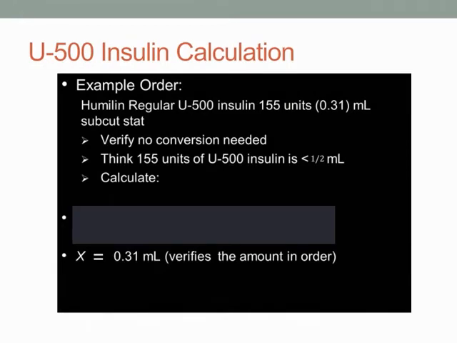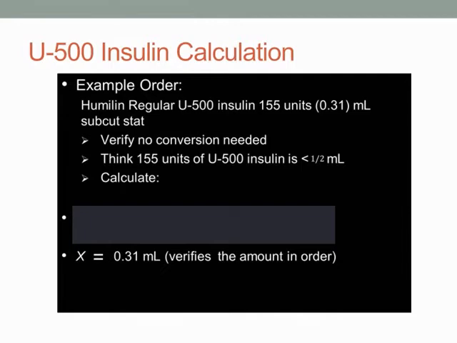So here's our exception to the rule when we go to calculate insulin. Normally you do not have to do any calculations with insulin. You just give the ordered dose. However, with U500 insulin, it will be ordered with a specific number of units. And here we have an example, Humulin regular U500 insulin, 155 units.